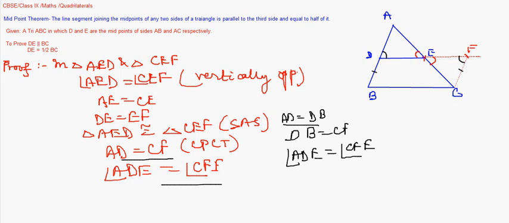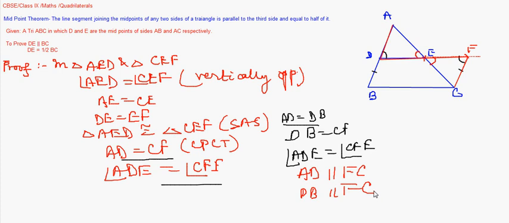If you cannot observe, let me highlight how they make alternate angles. See, this is how they make alternate angles, thereby proving AD to be parallel to FC. So therefore DB will also be parallel to FC.